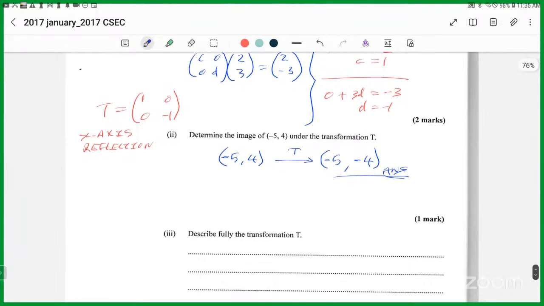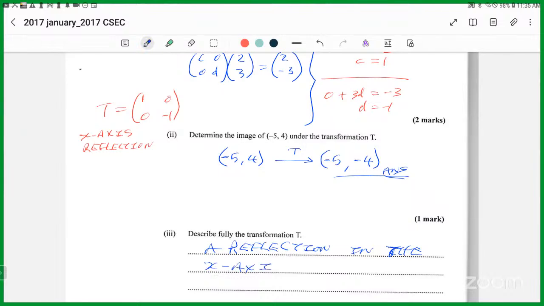All right, next one says describe transformation T fully. That's it. Reflection in the x-axis, you should know it on sight.